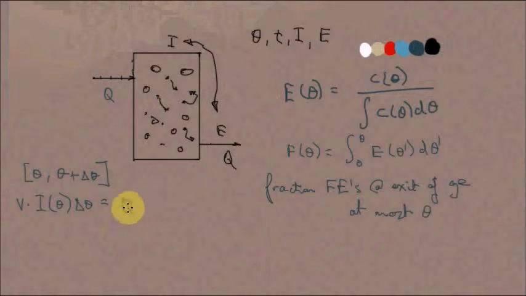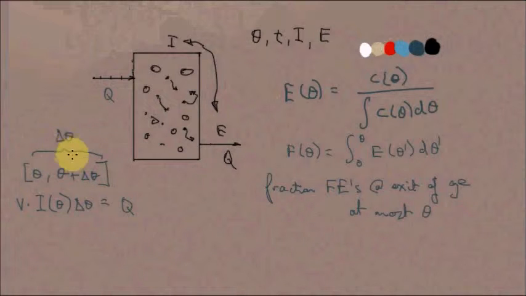And let's think about it. If that's our flow rate, and we are interested in this specific time range, then what volume of this entered in the first place? If you look at this range, you'll see that it has a width. The width of this age range is delta theta.